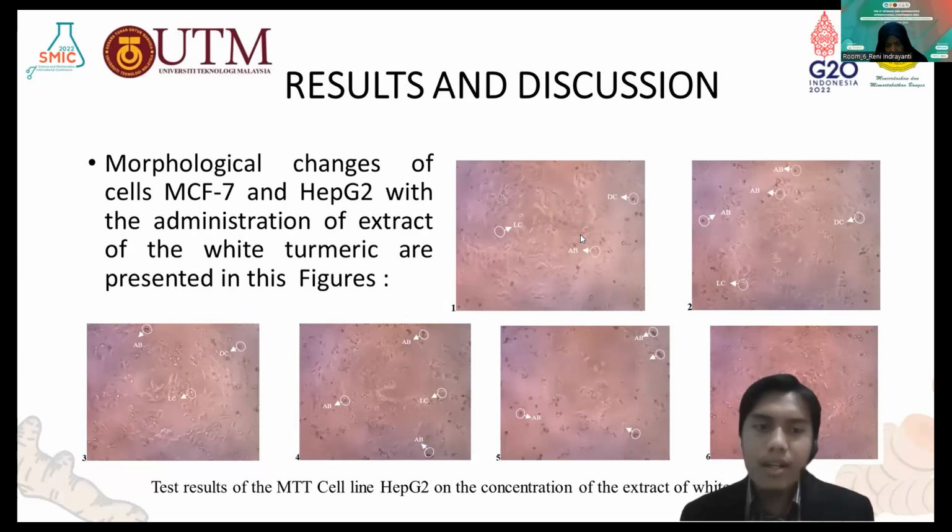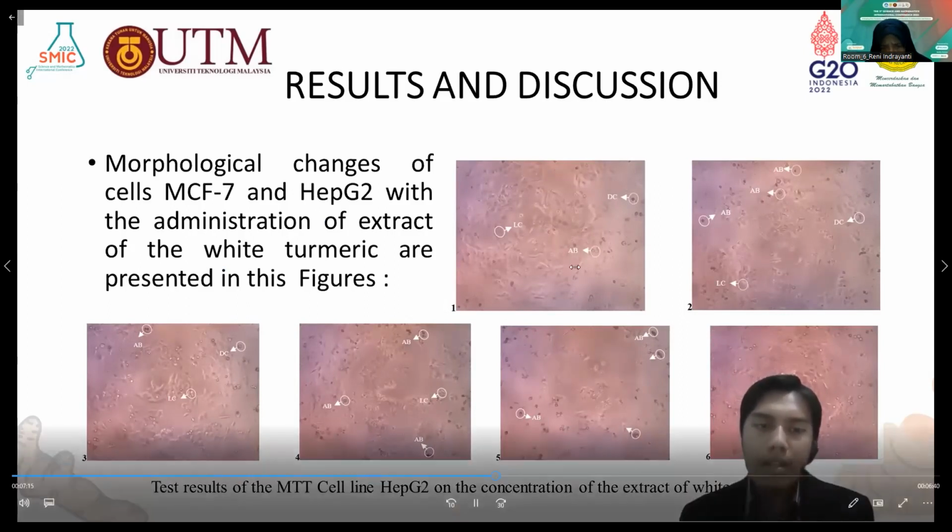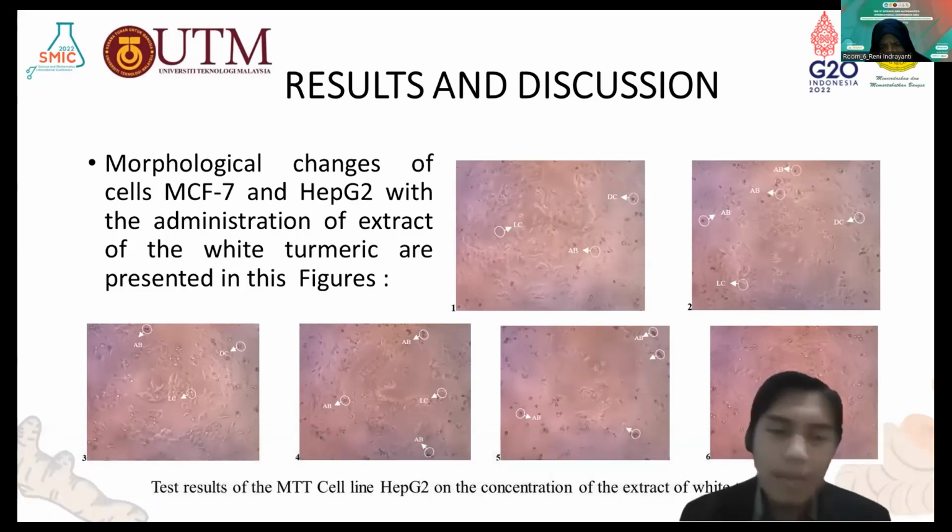Yeah, we can see the membrane blebbing and apoptotic bodies, with the codes DC, MB, and AB. And LC is for live cells.